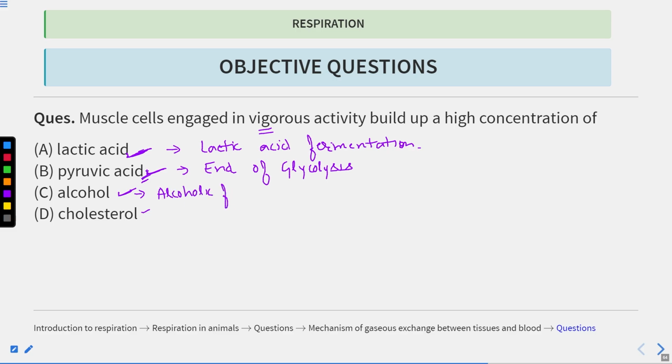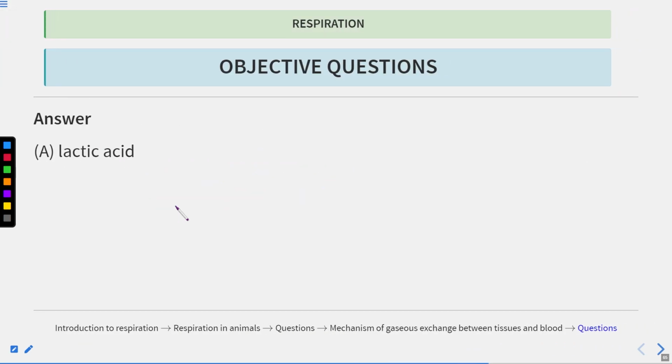And this alcoholic fermentation takes place where? One example is the yeast, and this process is used for the production of alcohol. Now cholesterol is related to fats, so it is a sterol. All right. So cholesterol is also not the correct answer. So what is the correct answer here? Lactic acid.